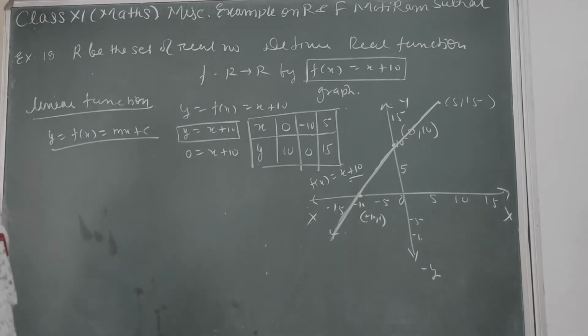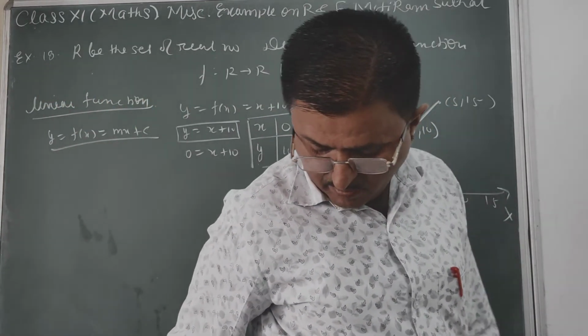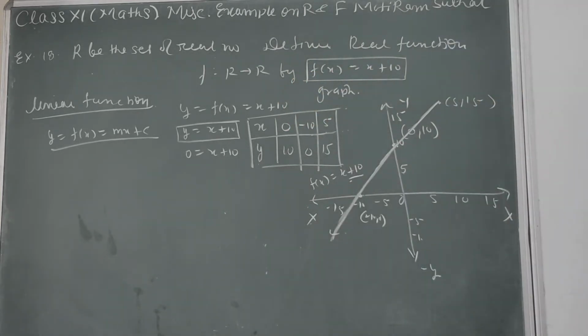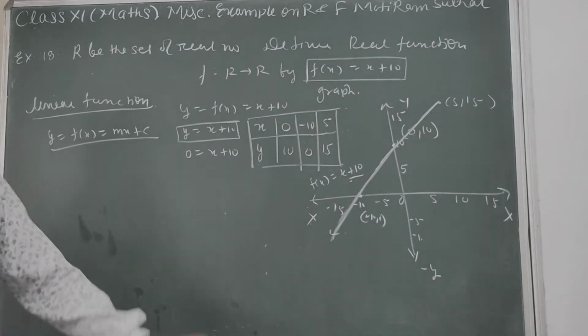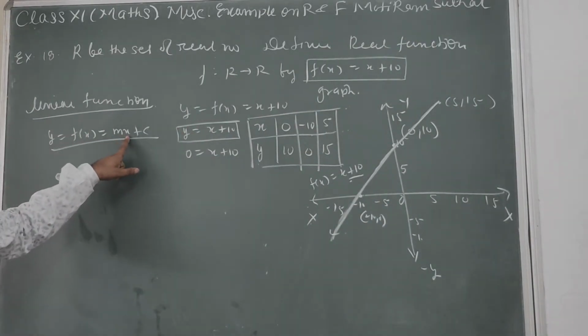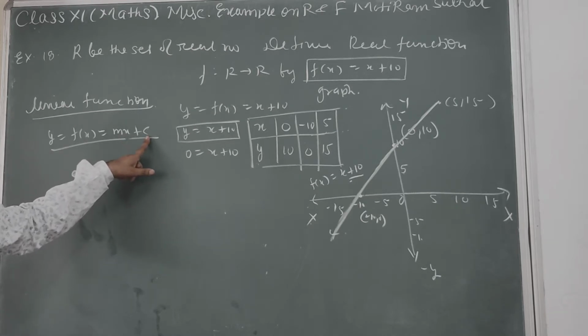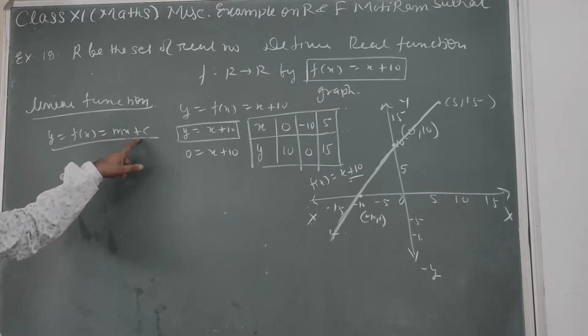What is the identity of any linear function? It should contain x power 1, and there may be a constant term or not. So the power of x should be 1, that's why it is linear.